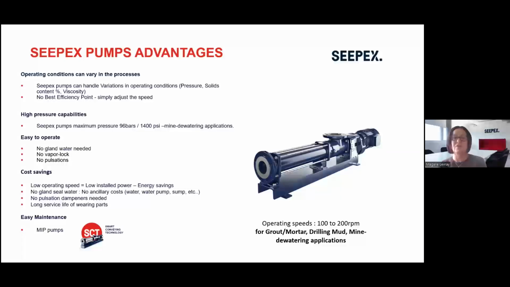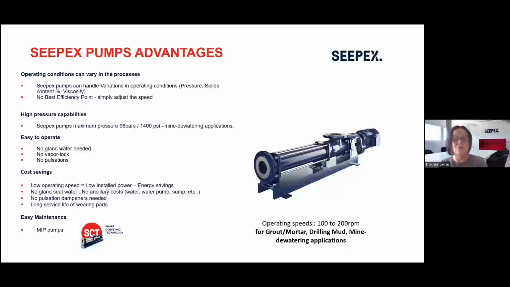So cost savings. We see operating speed with products like grout, mortar that we can have in construction, in the building industry, and drilling muds. Drilling muds is also a very popular application for progressive cavity pumps, also using smart conveying technology on the recycling of drilling mud, for example.